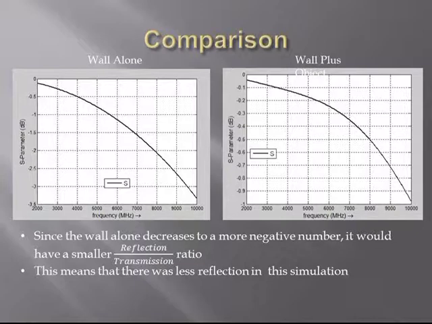As the wall alone simulation decreases to a more negative number, it stands to show that it has a smaller reflection-transmission ratio, meaning there is less reflection. The ratio will realistically always be less than 1, so the S parameter will always be less than 0. The more reflection with the object means a larger ratio, and therefore a less negative number.